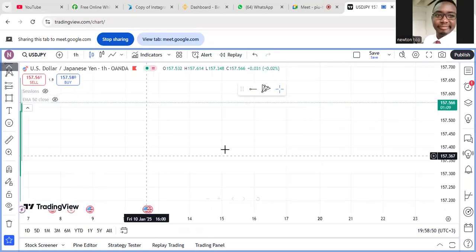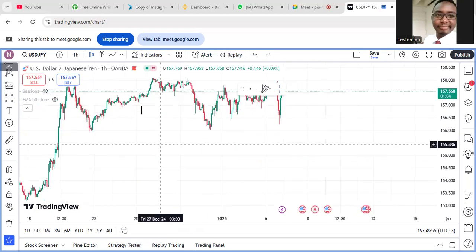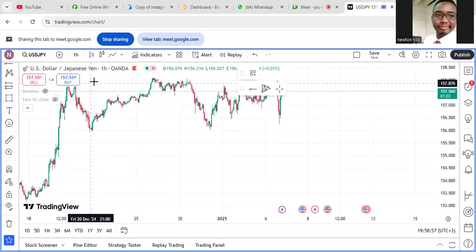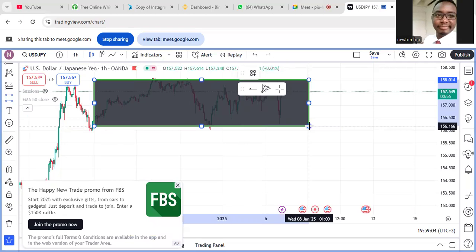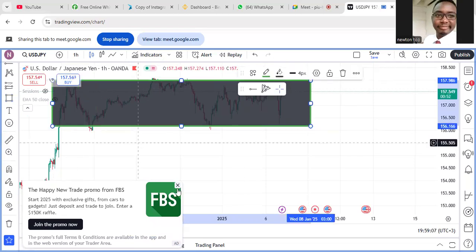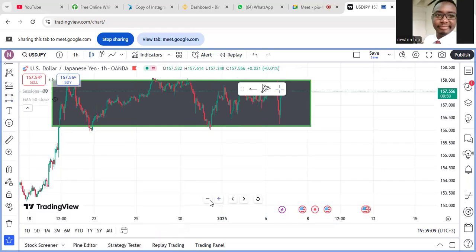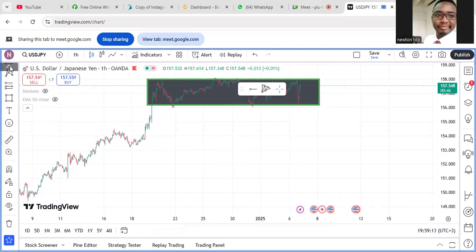Another way in which you can trade this is using something called breakout and retest. Right now we are on a box. Isn't that true, guys? The market is moving in a box. Today, this market will not move much because now it's the Asian market.